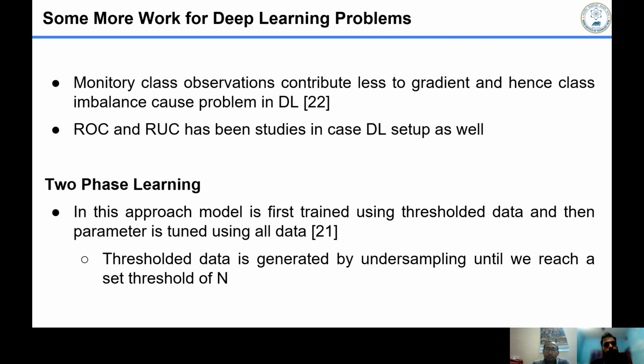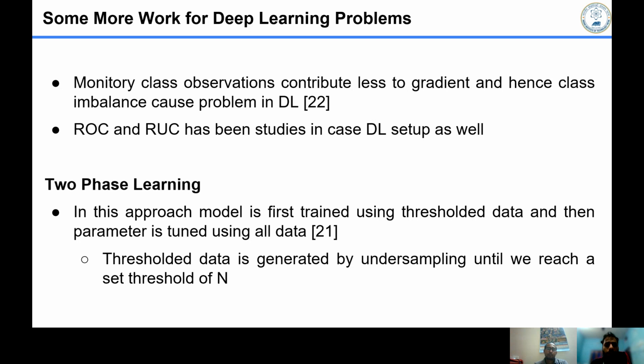In a deep learning setup, minority class observations contribute less to the computation of the gradient, and hence class imbalance can cause problems. Researchers have tried both random oversampling and undersampling approaches, and both of them have shown performance improvement.